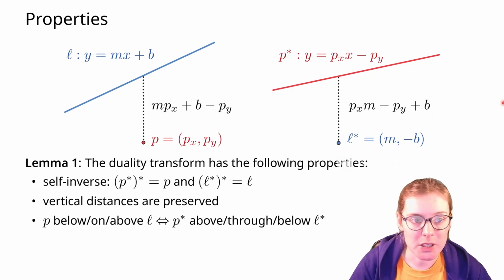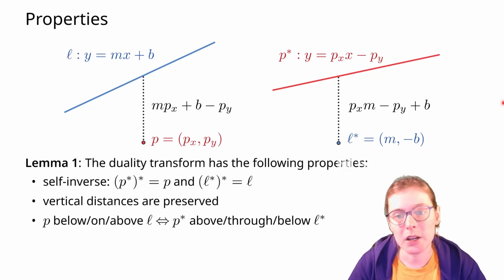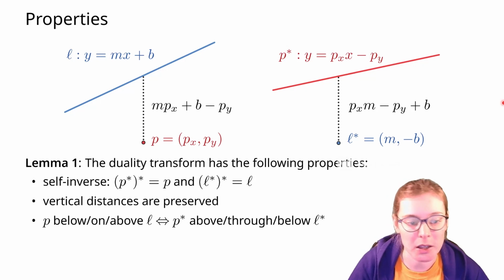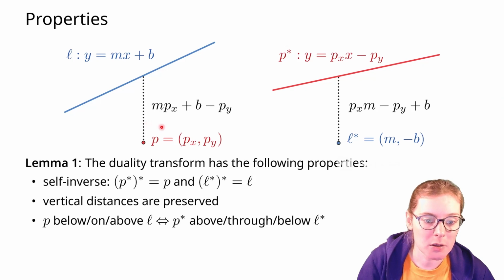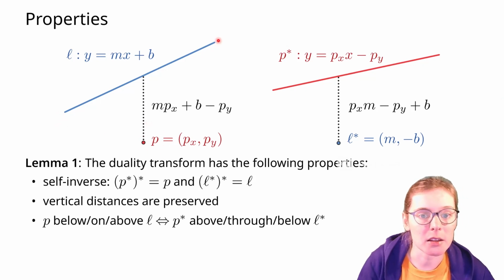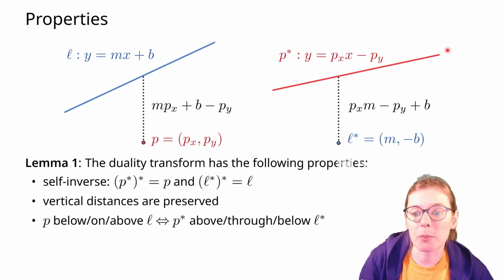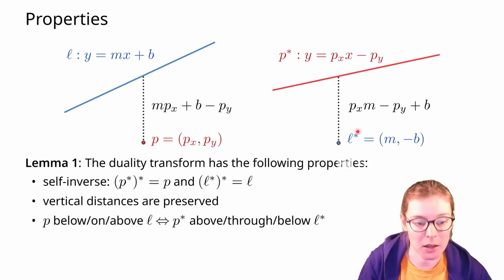The next property is that the relation between the points and lines in the primal plane will flip when we consider the duals of those points and lines in the dual plane. For example, if a point P is below line L in the primal plane, then the line P star will lie above the point L star in the dual plane.